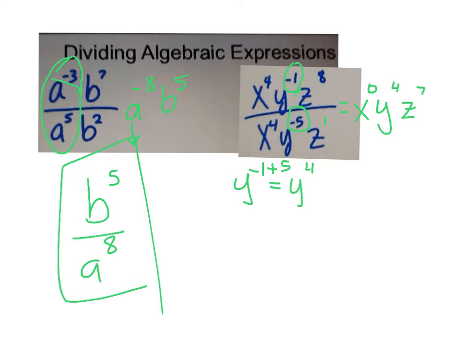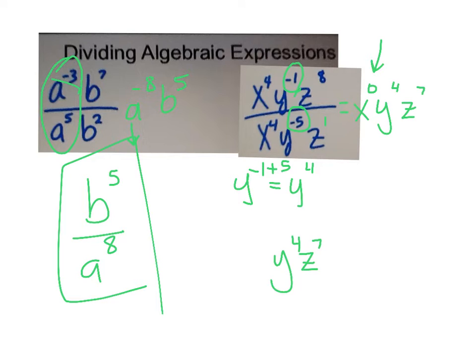Hopefully you're already in your mind saying that's not an okay final answer, because we can't have a 0 power, because anything to the 0 power is just 1. So that basically goes away. You could also put 1 times y to the 4th, z to the 7th, but it's not really necessary. So the final answer here would be y to the 4th power, z to the 7th power.